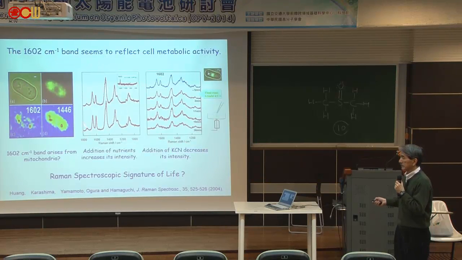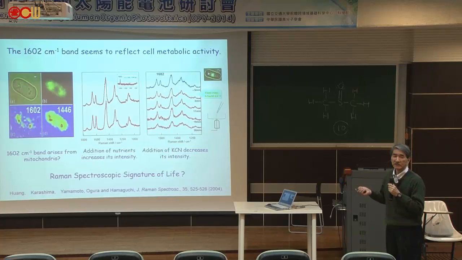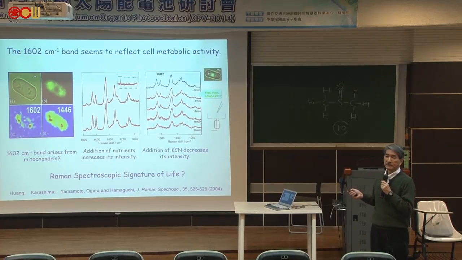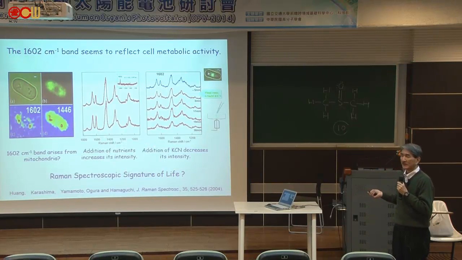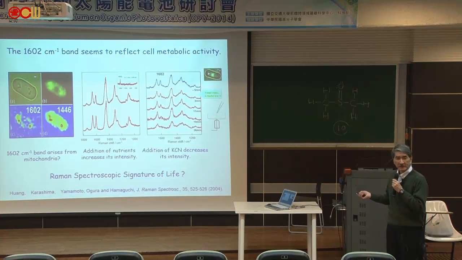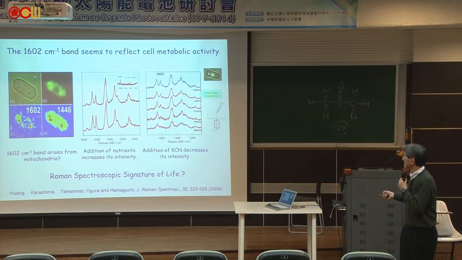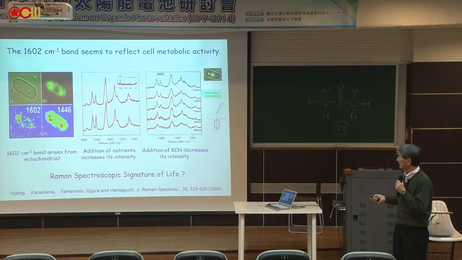Yu-san first found this phenomenon, that's really interesting. So I suggested Yu-san do the experiment: what happens if you add KCN to your sample? Yu-san first declined to do the experiment because she did not want to kill the yeast. But this is a scientific experiment, so eventually she did the experiment and found that KCN decreased the intensity.